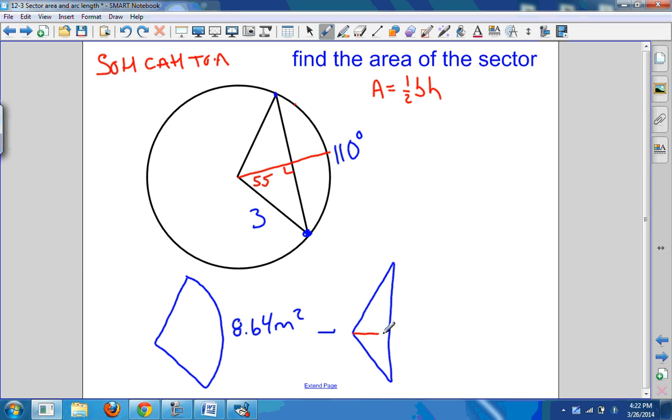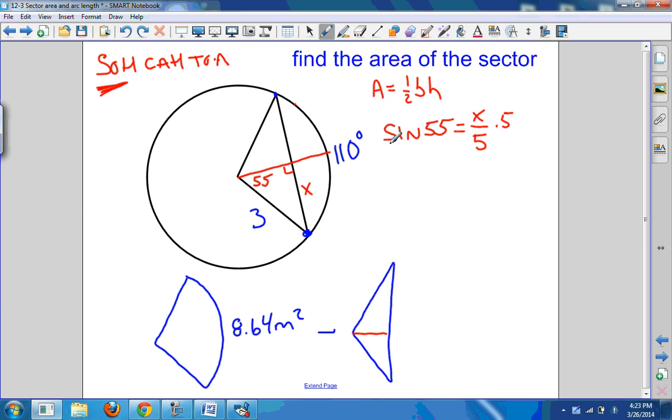So in this triangle we have 55. Let's try to find this here first. That is the opposite and the 3 is the hypotenuse. So opposite and hypotenuse, I'm going to use sine. So the sine of 55 degrees is equal to the opposite over the hypotenuse. If we want to find out x, we need to multiply both sides by 5, right?